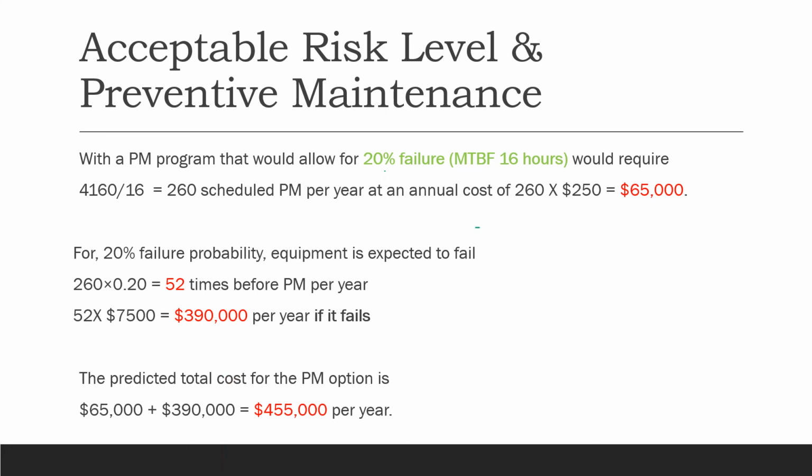And this is just a calculation. So the maximum, if you calculate the predicted total cost if these things happened, is $455,000 per year, which is less than not running the preventive maintenance program at all.